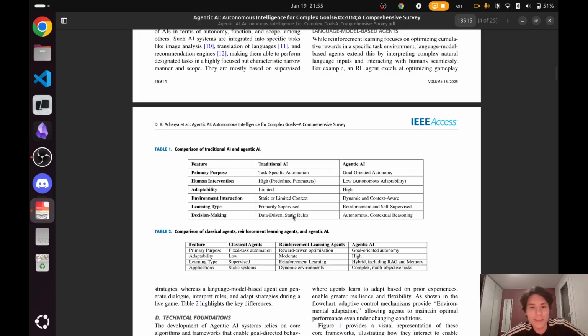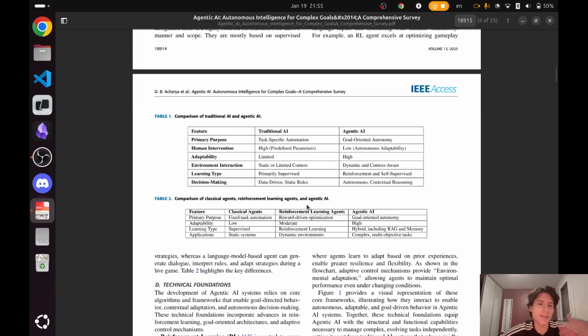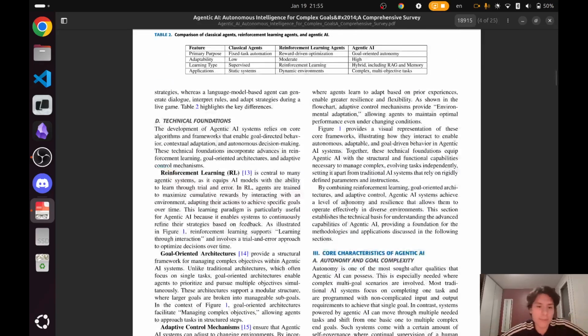And essentially, you cannot have agentic AI without reinforcement learning. It is crucial. It is not only reinforcement learning, but you must have reinforcement learning. And then they cover, for example, the comparison between the classical agents, reinforcement learning agents, and then the merge, which is agentic AI. The simplest example is you have an LLM and you give it tools. That's basically it.